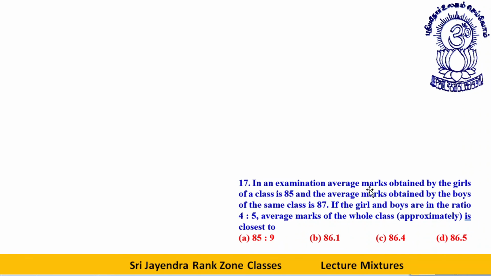In an examination, average marks obtained by the girls of a class is 85 and the average marks obtained by the boys of the same class is 87. If the girls and boys are in the ratio 4 is to 5, average marks of the whole class is closest to. See, let's do it by basic method first.